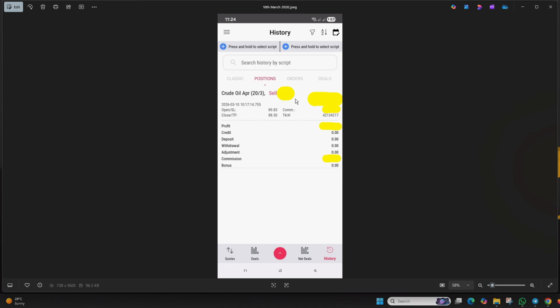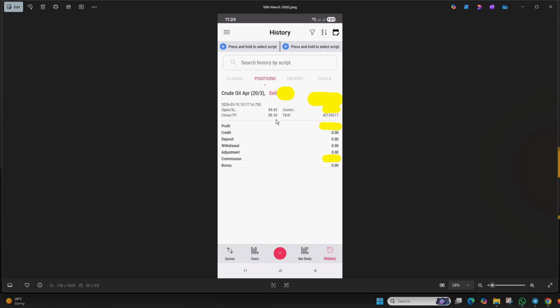I sold crude oil at $89.83 and I booked out my profits at around $88.50. So it was a profit of around $1.33. When you hear $1.33, that might sound very less.